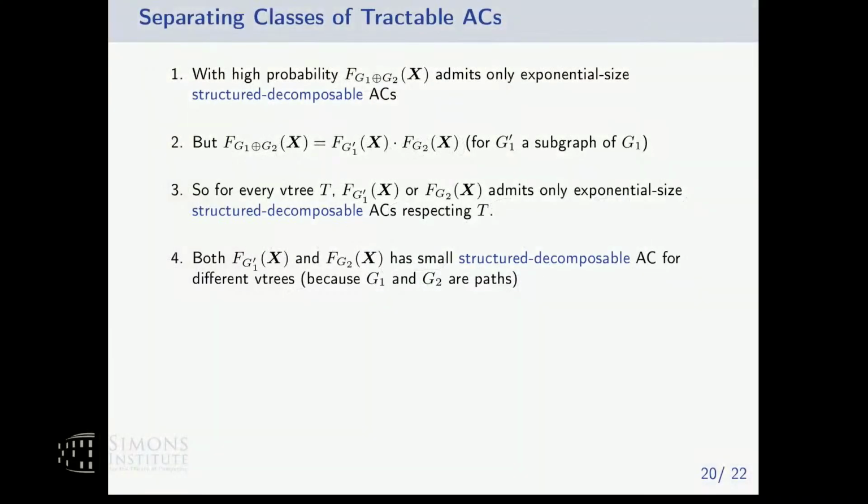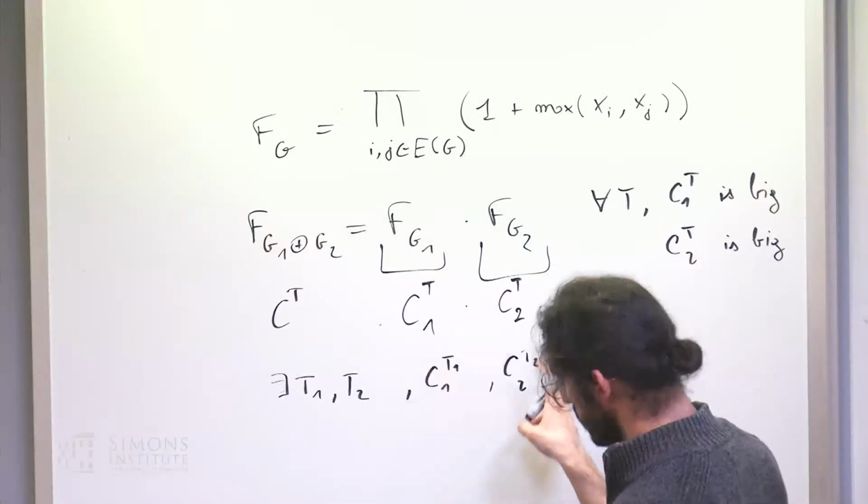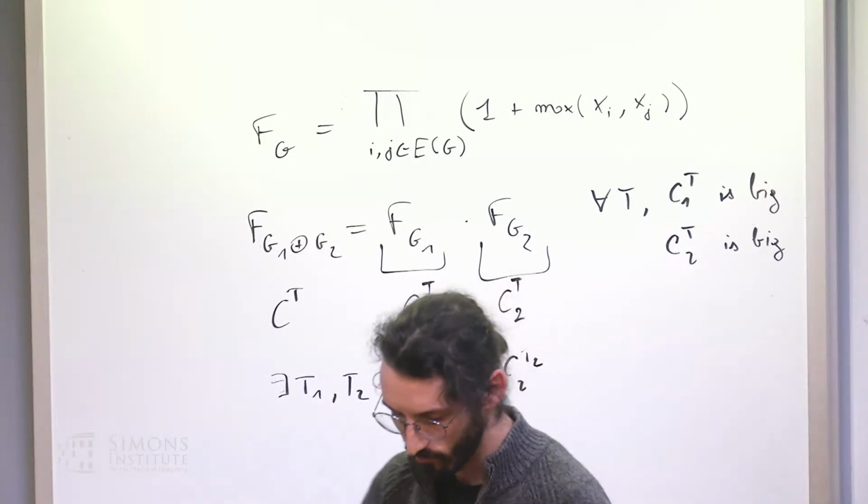However, if you're allowed to choose different V-trees, then you can find a first circuit that represents this one, which is small, and another circuit that represents this function, which is also small. It's possible because they respect different V-trees. It's fine.